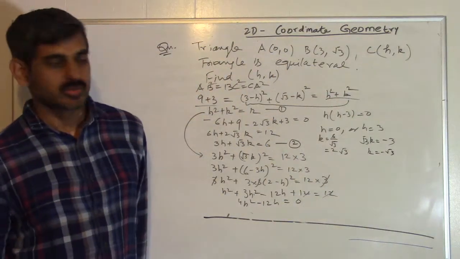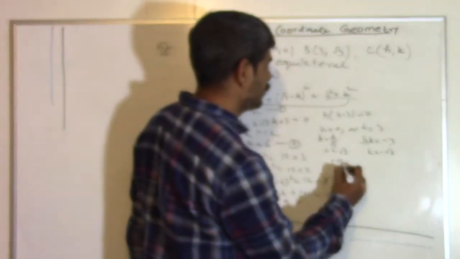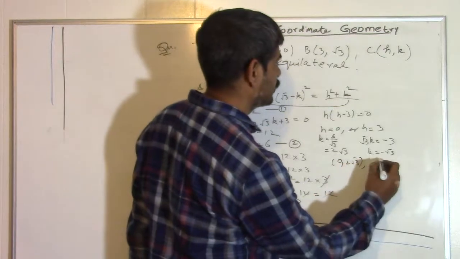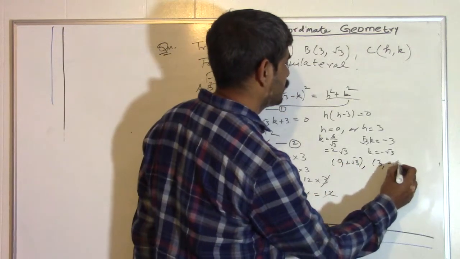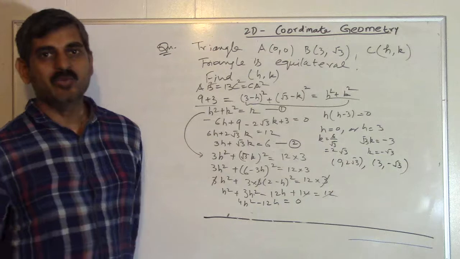So these are our two solutions. One solution is 0, 2 root 3, the other solution is 3 and minus root 3. Why do we have two solutions?